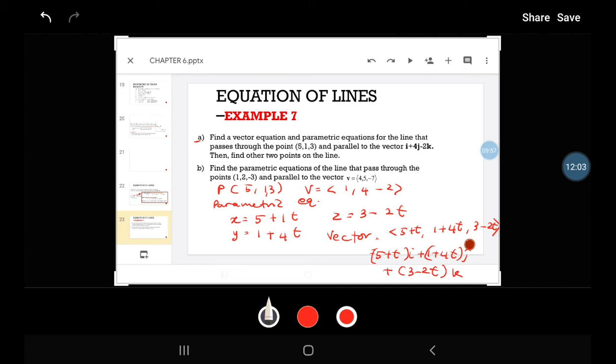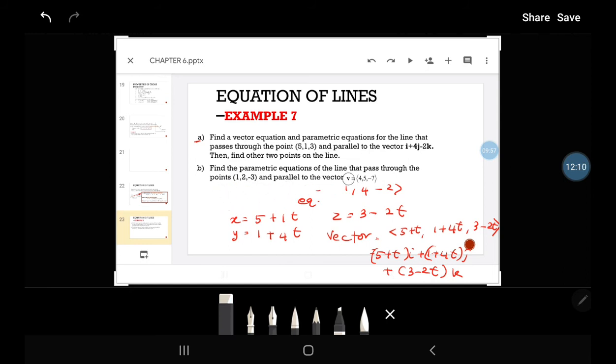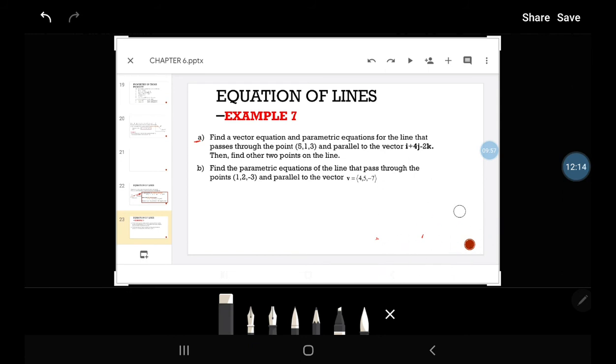Okay, so now I'm going to erase some of this. So we're going to do example 7b. So 7b, our point is (1, 2, -3), and our vector is (4, 5, -7).